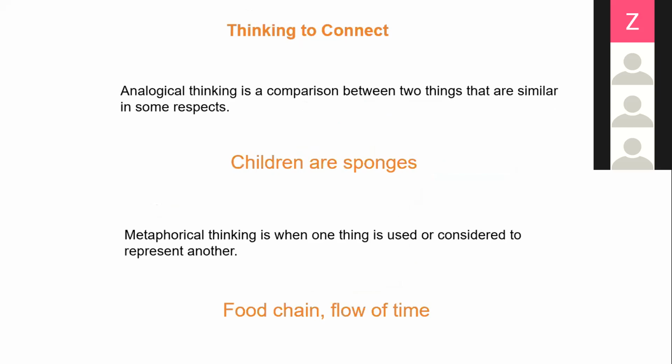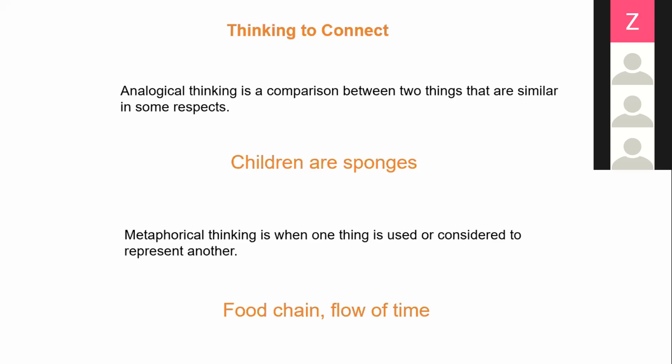In terms of words, we use some kind of thinking like analogical thinking. Children are sponges. Now, children are not literally sponges. When they touch water, they don't soak it, but they do soak up information. They soak up what we talk about in the house, and they learn our actions, they copy our actions. So they do behave like sponges in a manner.